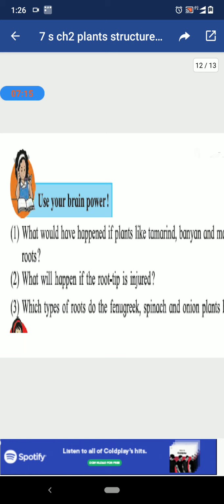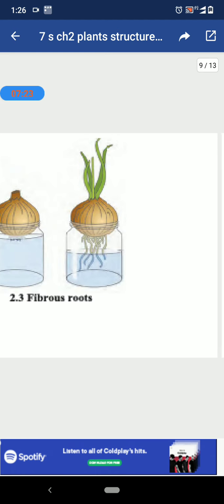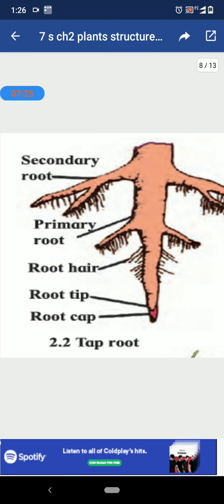Second question we have: what will happen if the root tip is injured? While teaching, I also told you about the root. See, I told you the root tip is the region of growth. I even told you where it is in your textbook, that you have to mark it there.